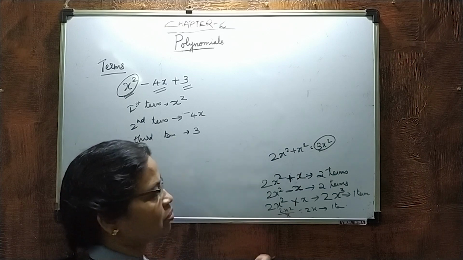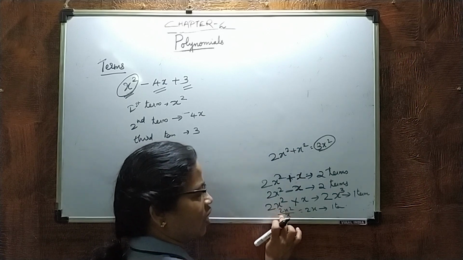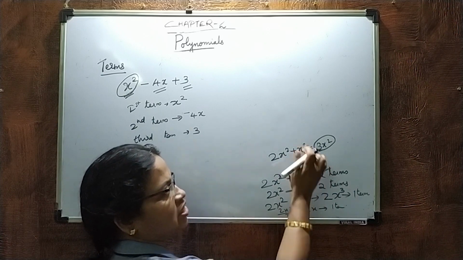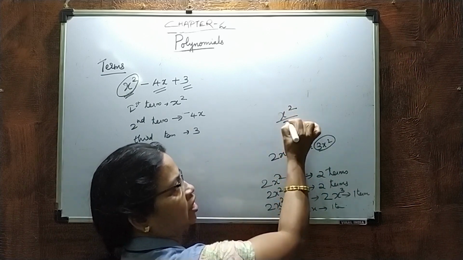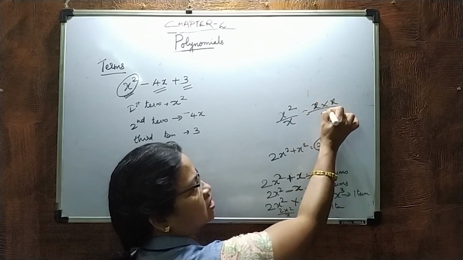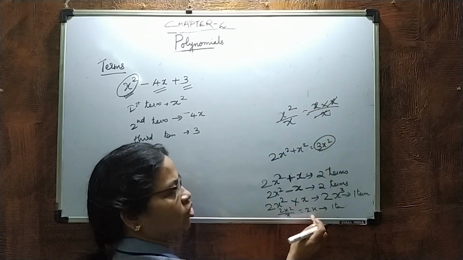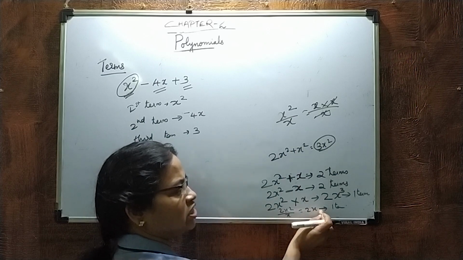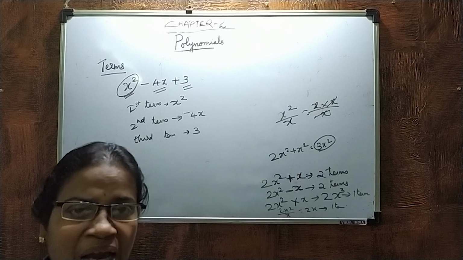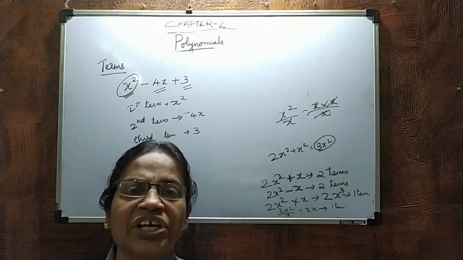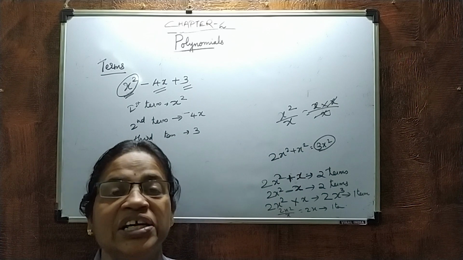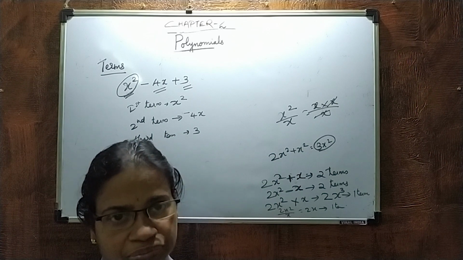Then division comes, here it is 2 by 1, that is 2, x square by x, I told you, x into x divided by x. Cancel, only 1 x here, 2x, no addition or subtraction is there. So only 1 term. So what you have to understand? Number of terms will increase if the terms come with addition and subtraction.